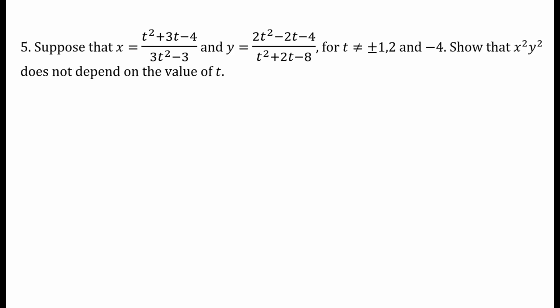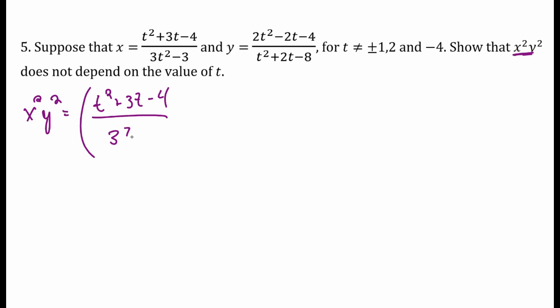So even if you're not sure of what it means to show that it doesn't depend on the value of t, hopefully you said x squared y squared, I know how to compute that, because that's x times x and y times y. Well, what's x? x is t squared plus 3t minus 4 over 3t squared minus 3.